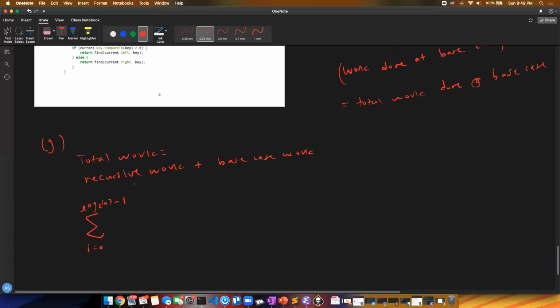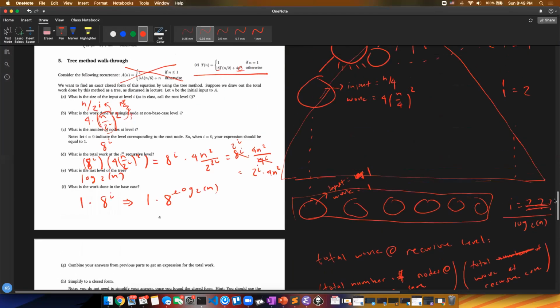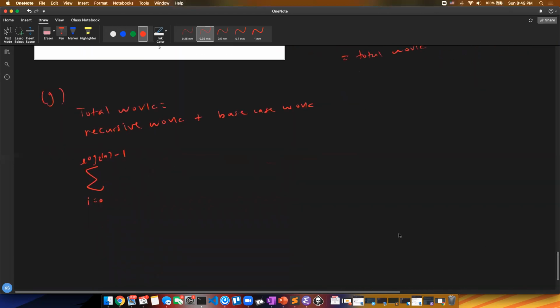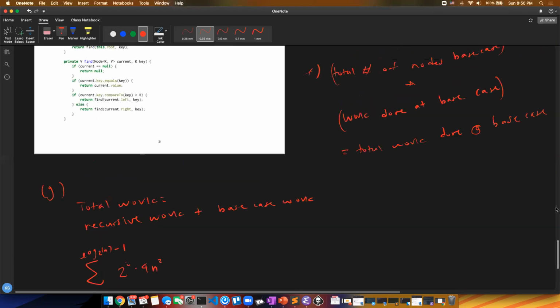And we know that the recursive work at the ith level is given by our part C, which is basically 2 to the i times 4 times n squared, I believe is what we got.